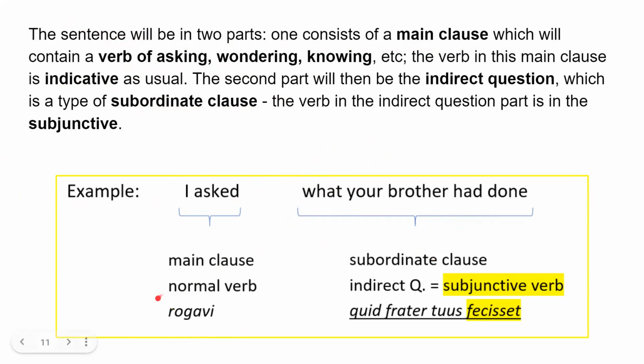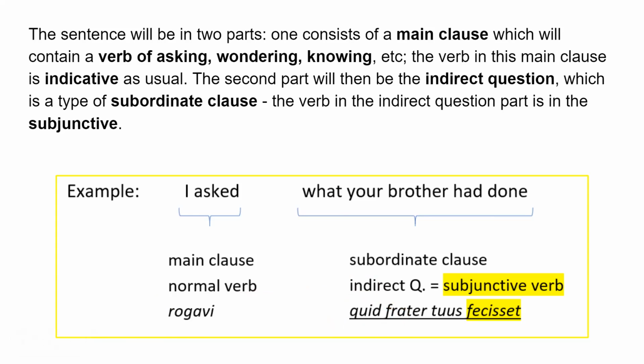So rogavi, we get the word interrogate from rogo. So rogavi is a perfect verb. It means I asked, and I asked what? So we're going to have an interrogative pronoun for that. So notice that quid right there. It's from quis, so it's the same type of word that would introduce a direct question.